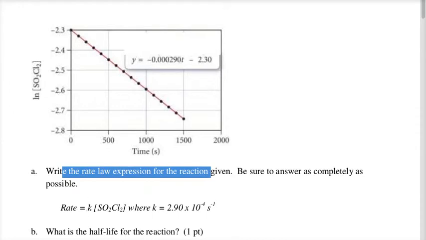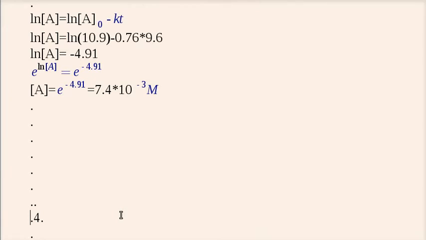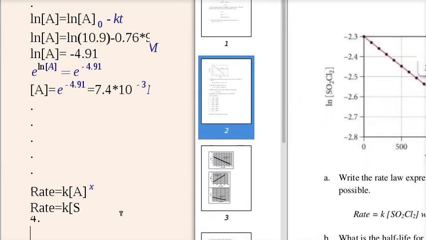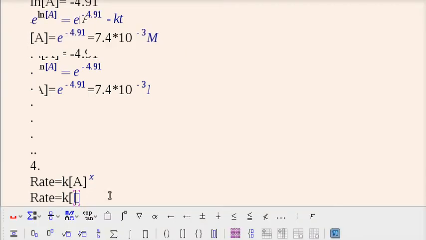For the rate law, we know that it looks something like this, but instead of A and X, you should really have something more appropriate to your problem. In this case, the reactant is, I'm not going to try to say the chemistry name of that.